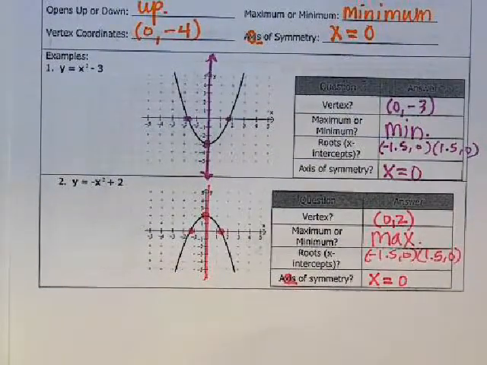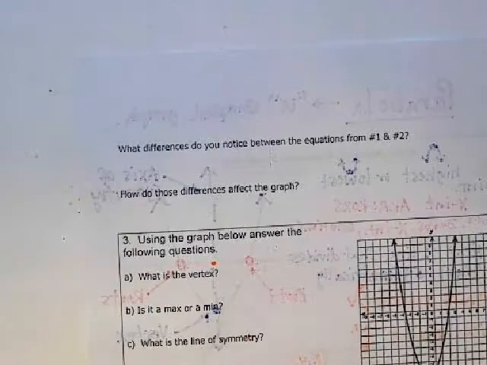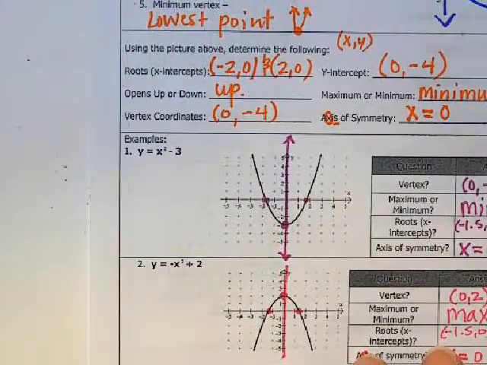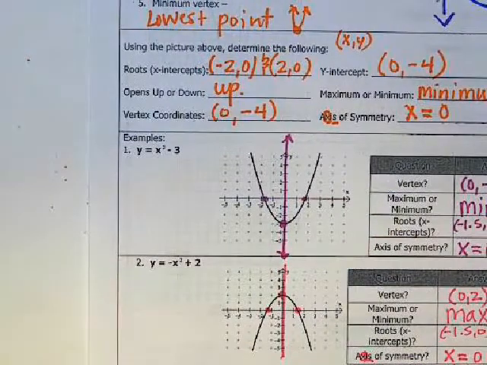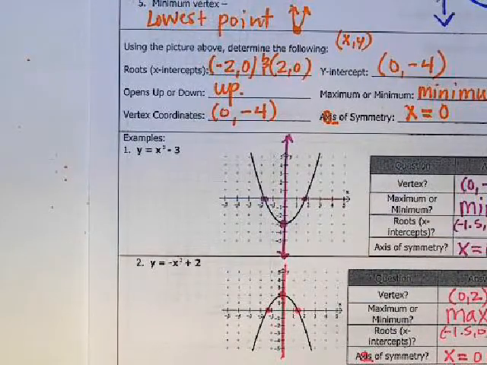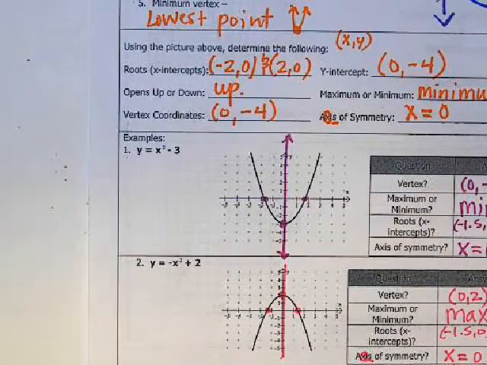The back says, what are the differences you notice between the equations from example 1 and example 2? First of all, what's different about the graphs? They're flipped. What does that mean? One opens up, one opens down. Good job. So what do you think is causing this? The x.